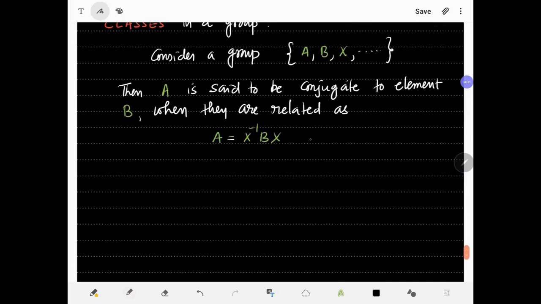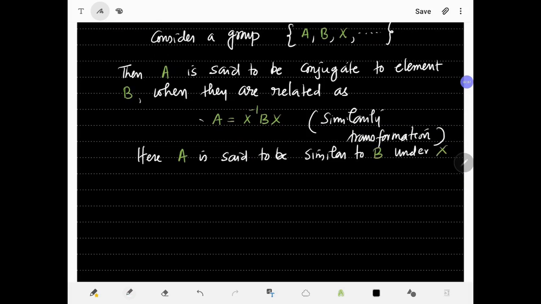And this transformation is called similarity transformation. Here, the element A is said to be similar to element B under the element X.